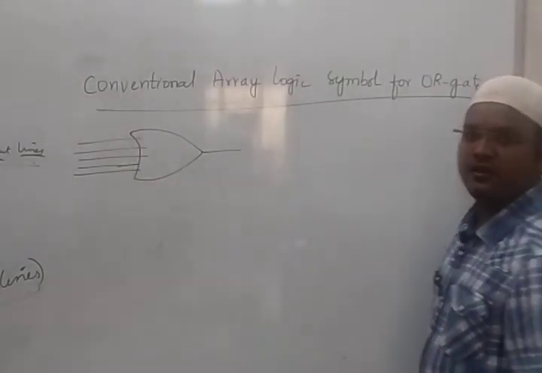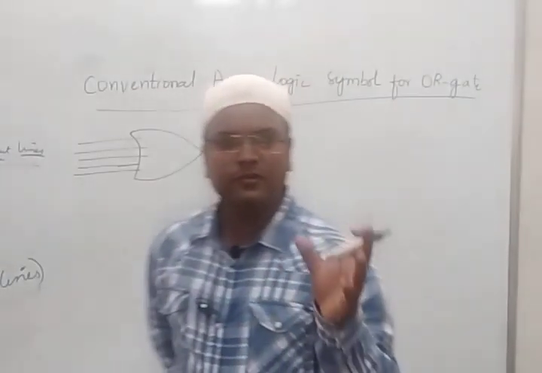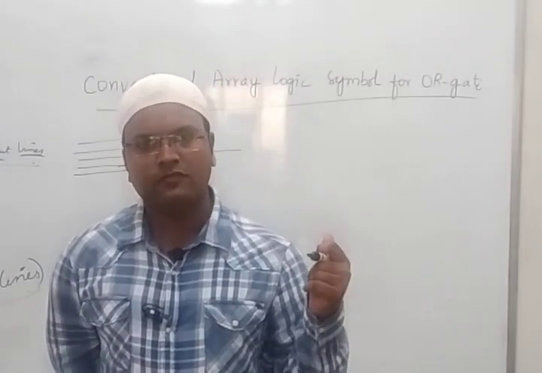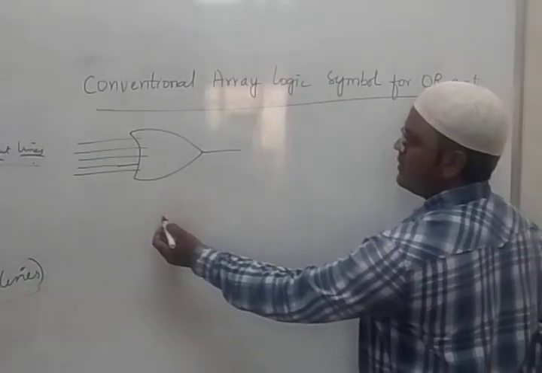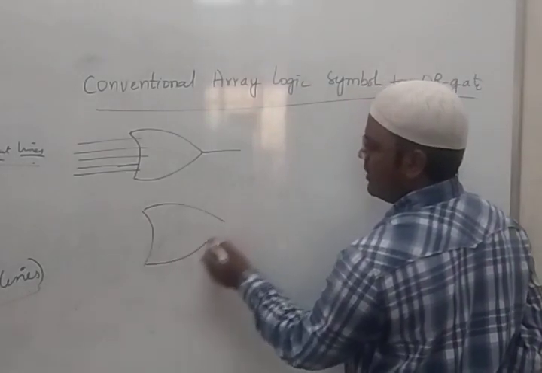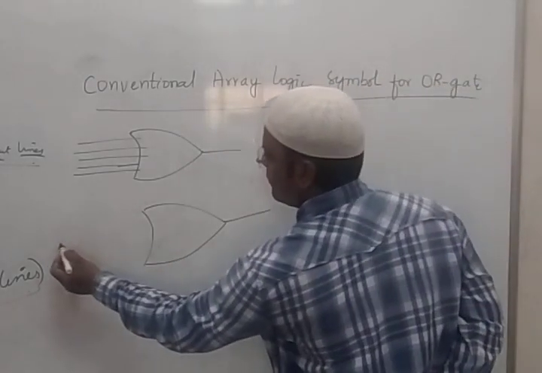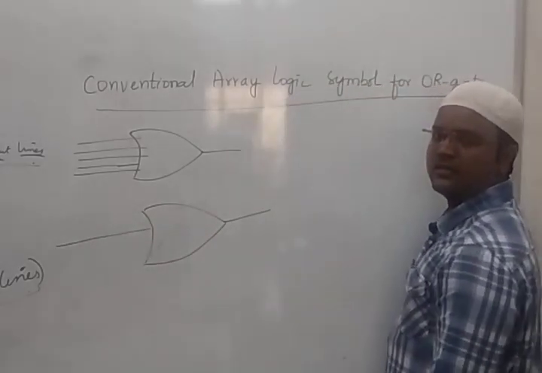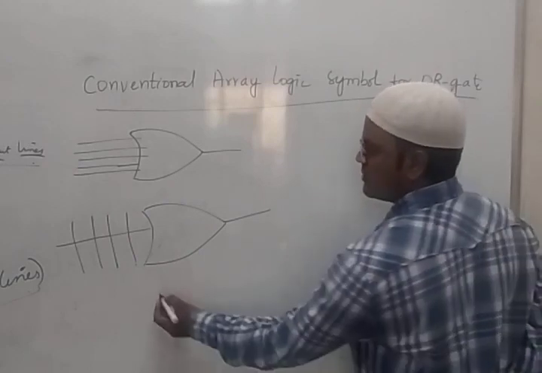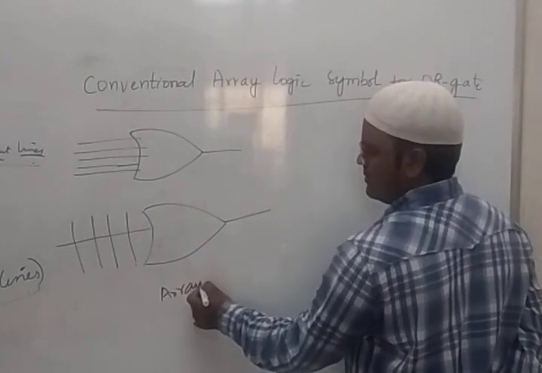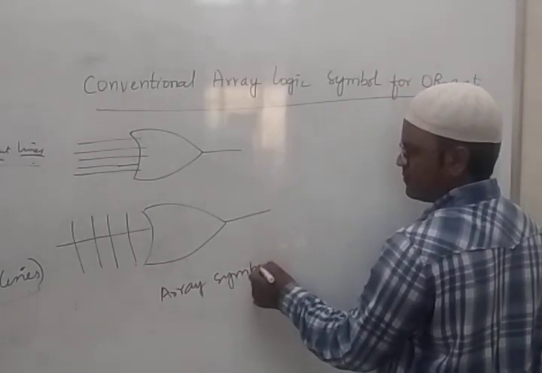If it is an array, what is the meaning of array? A collection of inputs. Here we are discussing a collection of inputs. For that we write the symbol in this way. The same OR gate we write, and instead of all these multiple inputs we mention one line that indicates multiple values. This is the way of representing the array symbol for an OR gate.